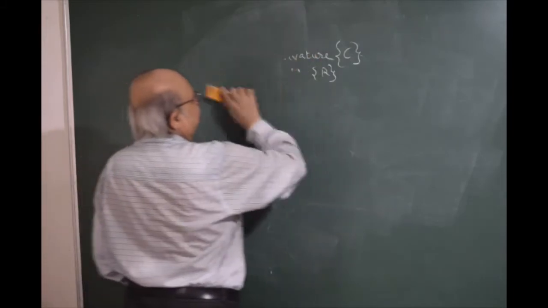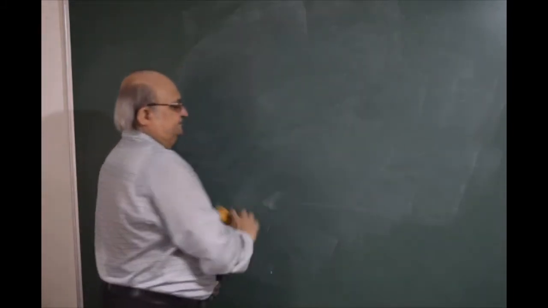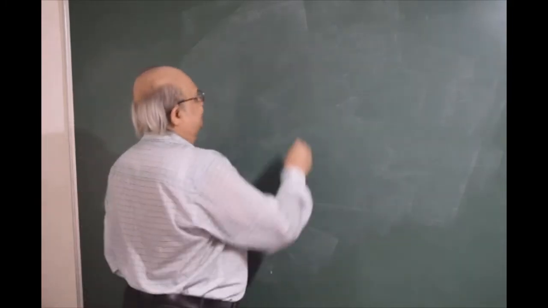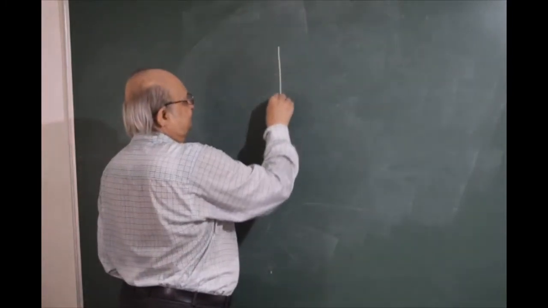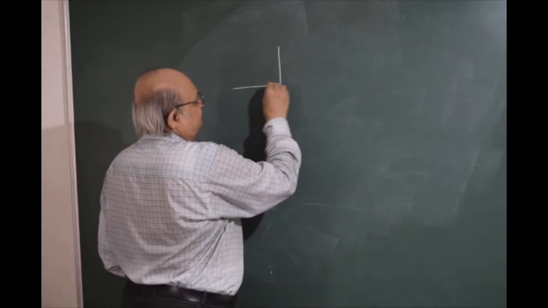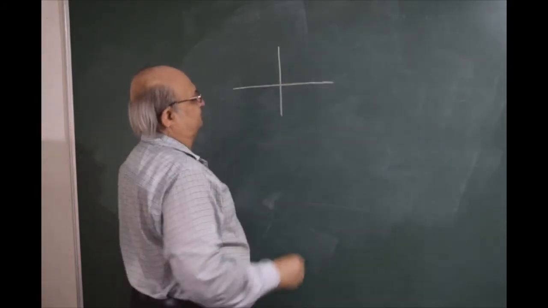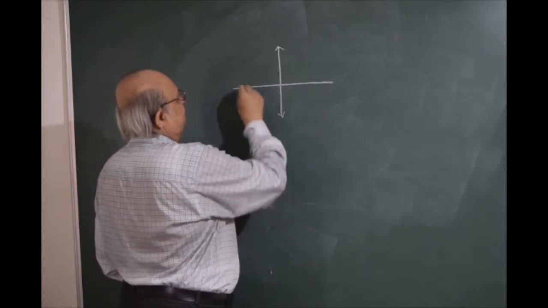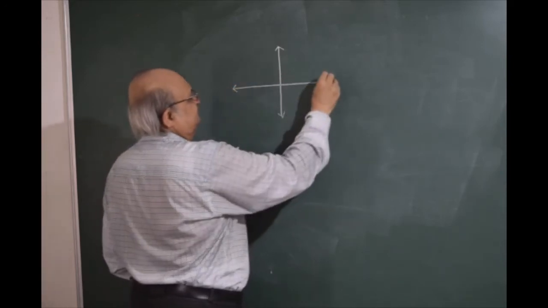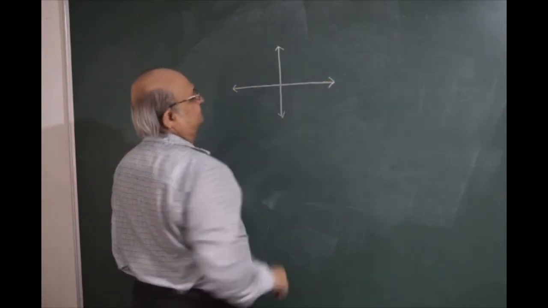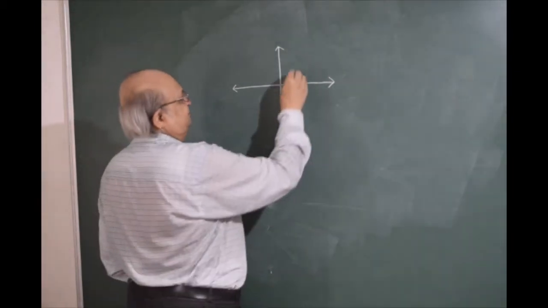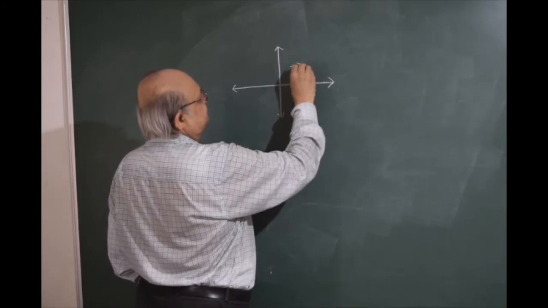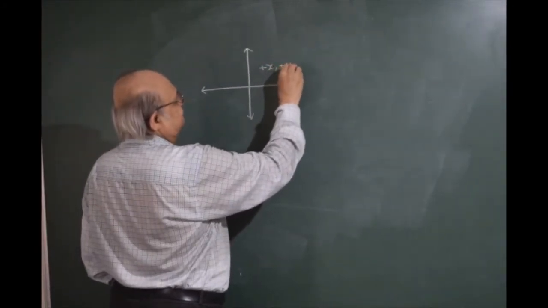We know what a plane is, and we know that a plane is usually divided into 4 quadrants by 2 lines which are perpendicular to each other. Here we will have plus x and plus y numbers.